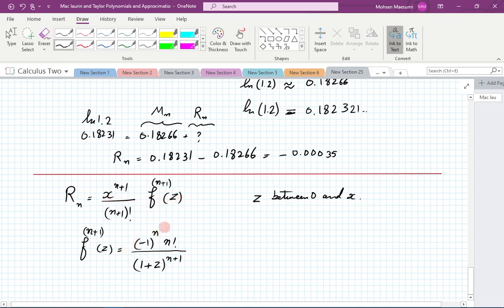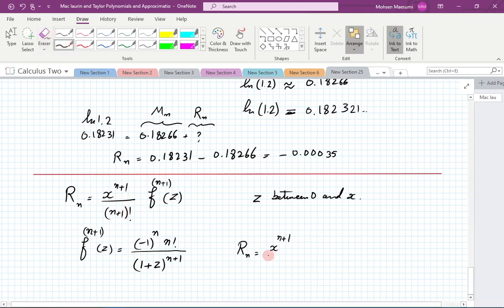The remainder formula is general. So I'm going to take this and plug it in, and now my Rn becomes x to the power of n plus 1, then I have minus 1 to the power of n. Let me write it one at a time so that things do not get mixed up.